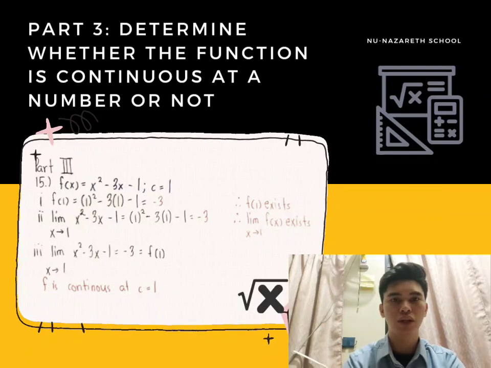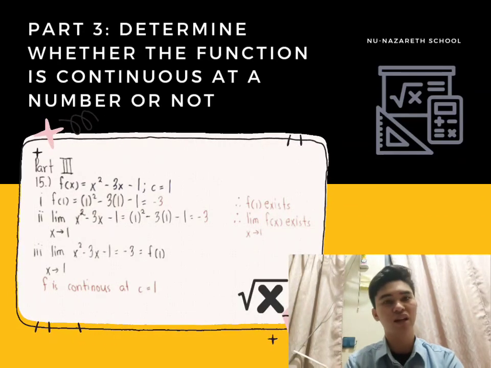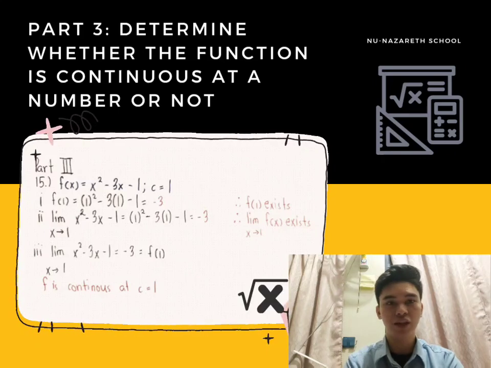My part 3 is number 15. My problem and my solution are behind me. First, any expression multiplied by 1 remains the same. Since two opposites add up to 0, remove them from the expression. So f of 1 exists, and I do the same as the first one, and I got the same answer, negative 3.